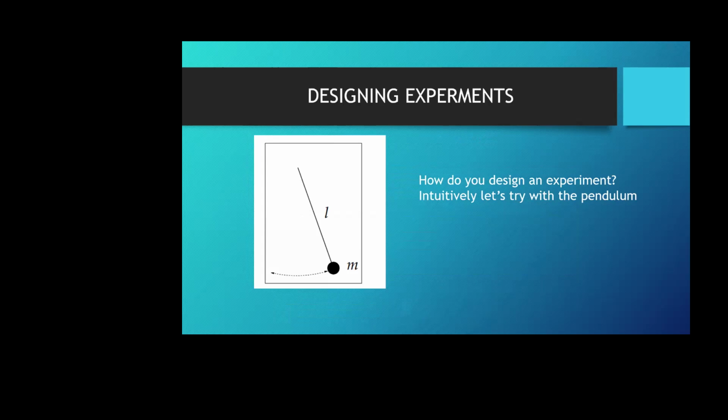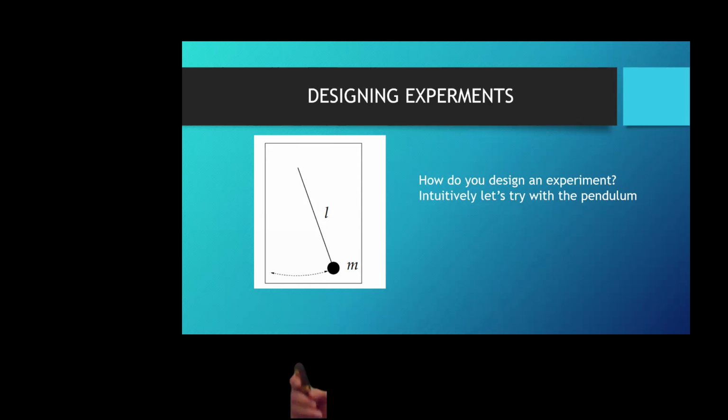So let's talk about designing experiments. Imagine you have this, well, let's start with something. It looks like high school physics a little bit. But let's assume you have this length and you have this mass. It's the classical pendulum on the wall now. And then somebody asks you, I want to study this.